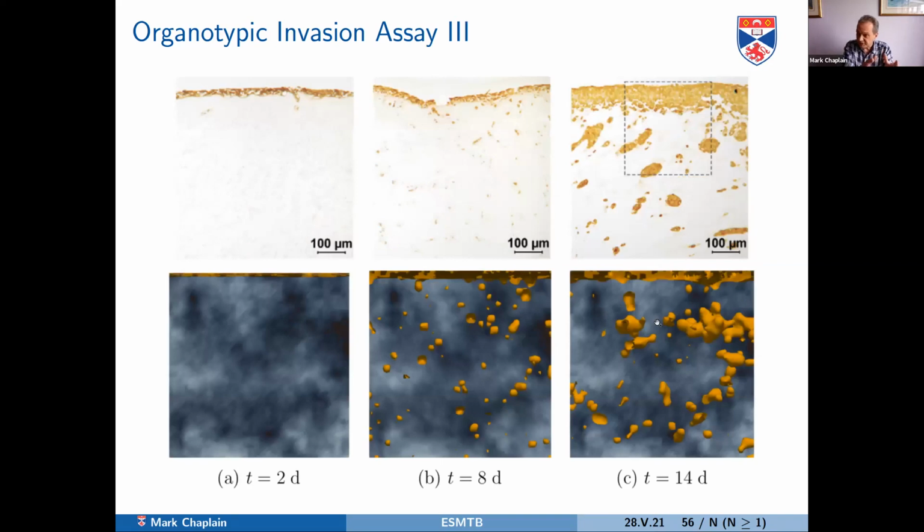And so this is some simulation results of some very recent work. This is our new hybrid invasion model. This is our connection to these organotypic data. You can see these are our cells at the very early stage of the invasion, and then at a later stage, about 2 weeks into the invasion, we have a nice qualitative match between the invasion pattern that we're seeing in our simulations and the invasion pattern that we're seeing in the in vitro data.